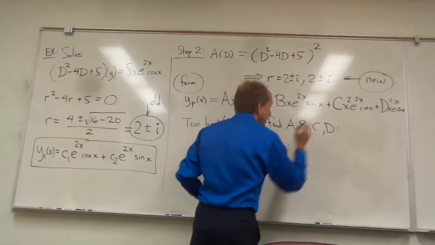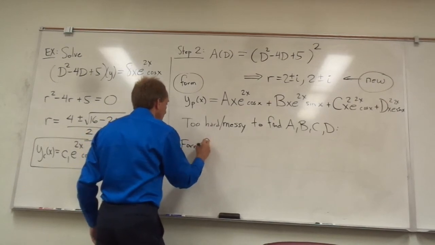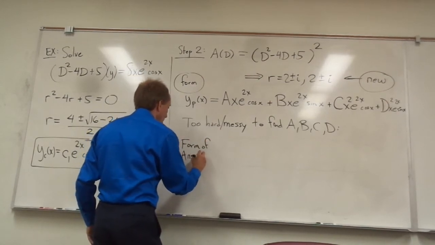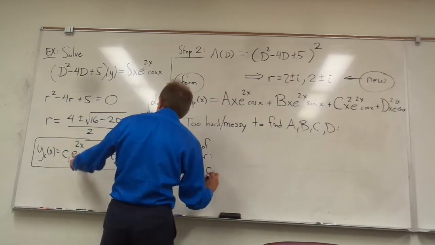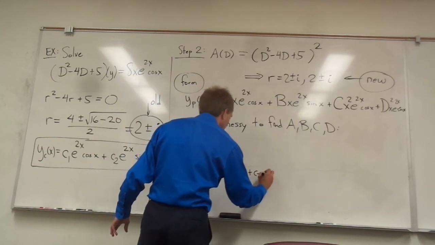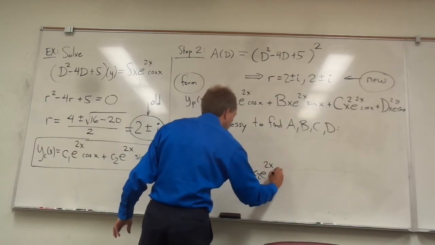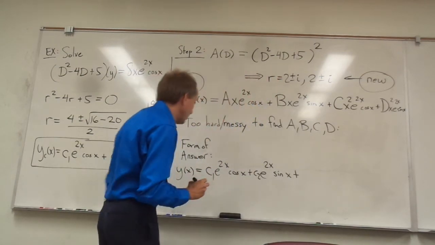So what you would do is just simply write down the form of the answer. The way that would look is y of x equals c1 e to the, you just put down the complementary function again. Okay, so there's the complementary function. And then you would just add the form of the particular solution.